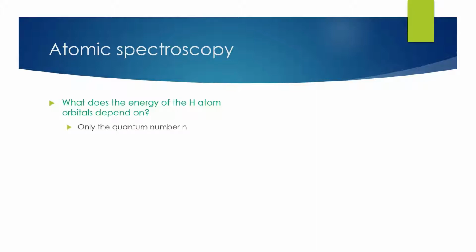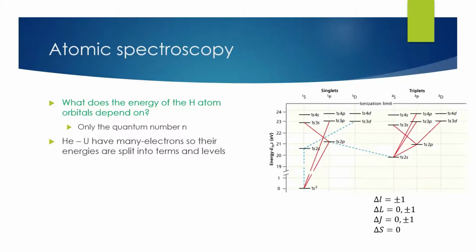And we just saw in the last lecture that for helium and any atom with 2 electrons, the energy does not only depend on n, it depends on the quantum numbers capital L, capital S, maybe capital J if we have really heavy atoms, and so forth. So this gives us a mess of possible transitions. We don't see these very nice series like we did for hydrogen atoms. And we can look at some of the possible transitions as shown here.